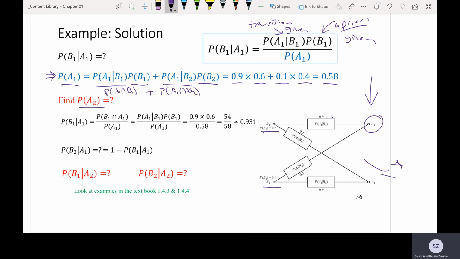Yeah, A1, A2. Because the total probability equals 1, this is equal to 1 minus the probability of A1, which is 0.42, because we only have 2 possibilities at the receiver. Okay? Total probability clear? Any question?